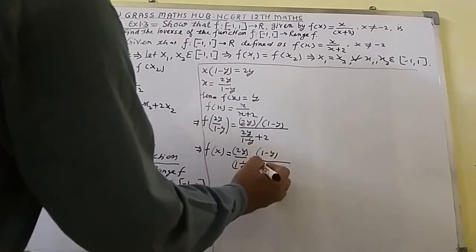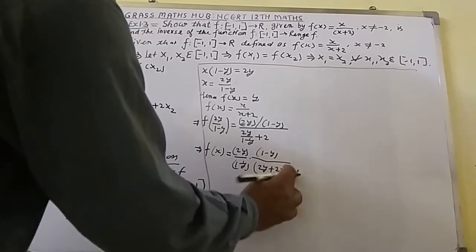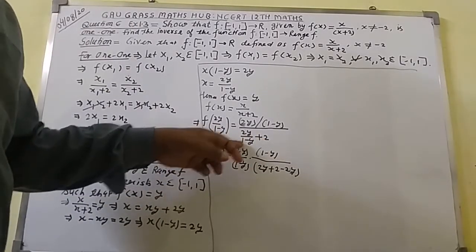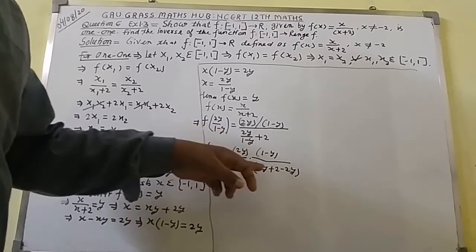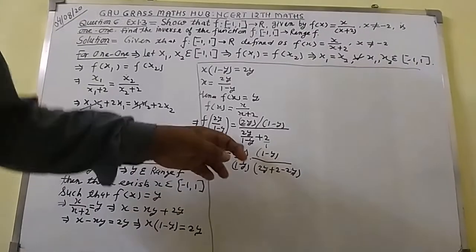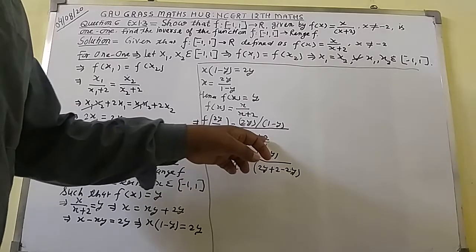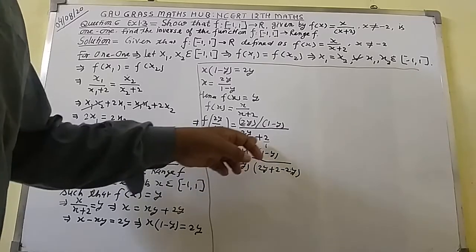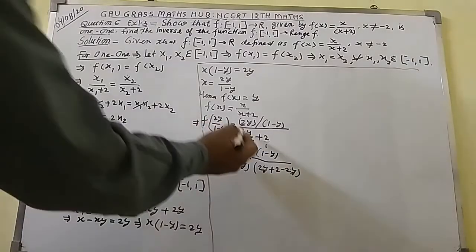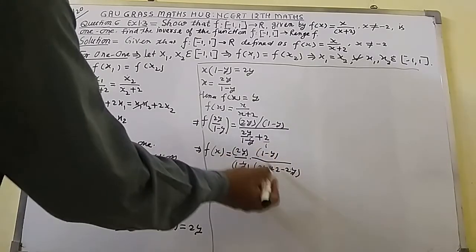In the denominator we will get 2y plus 2 minus 2y, because this 2 will multiply to 1, we will get plus 2, and this plus 2 will multiply to minus y, you will get minus 2y. This plus 2y, this plus 2 minus 2y.